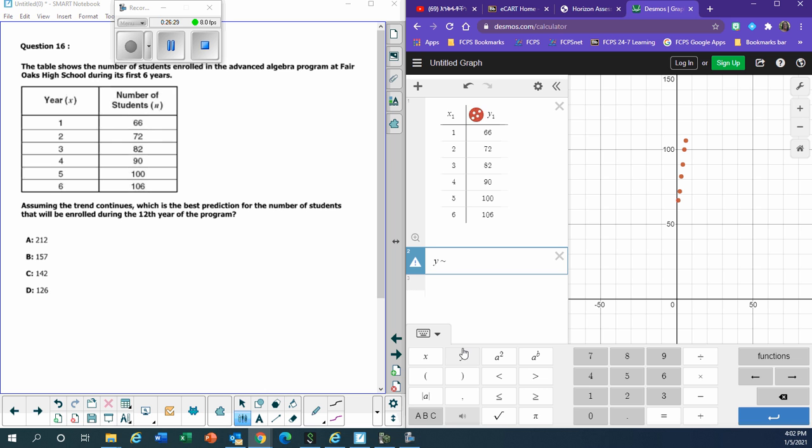And then you have to do AX1 squared, because it's going to be a parabola. Plus BX1 plus C.